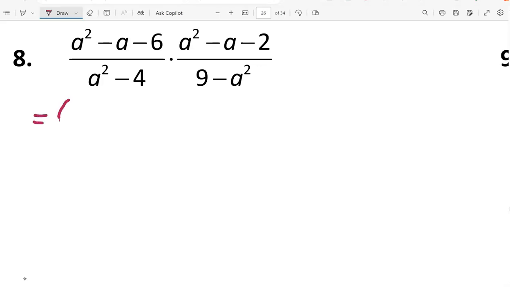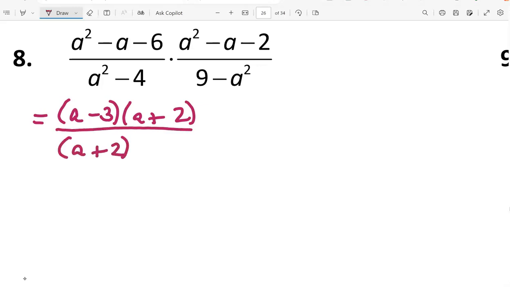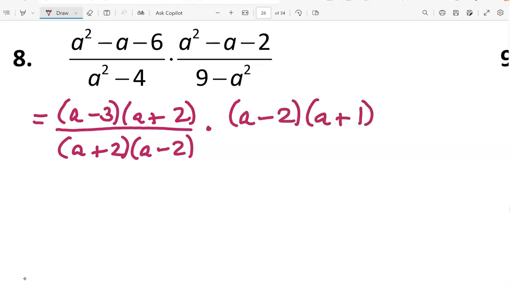So I'm going to factor the numerator of the first fraction, a minus 3 times a plus 2, and factor the denominator, a plus 2 times a minus 2, and then factor the numerator of the second fraction, a minus 2 times a plus 1, and then factor the denominator of the second fraction, 3 plus a times 3 minus a.